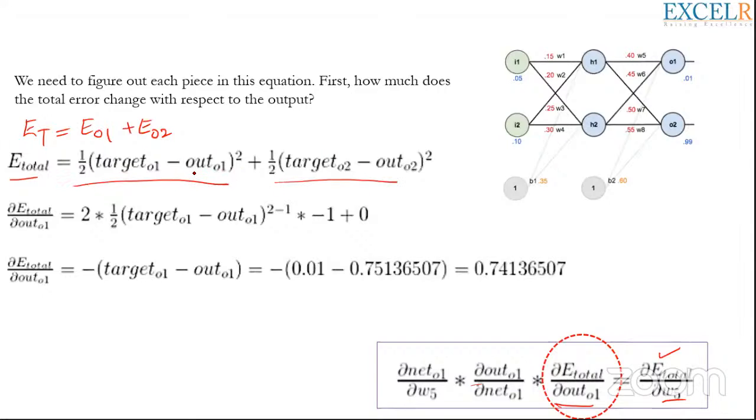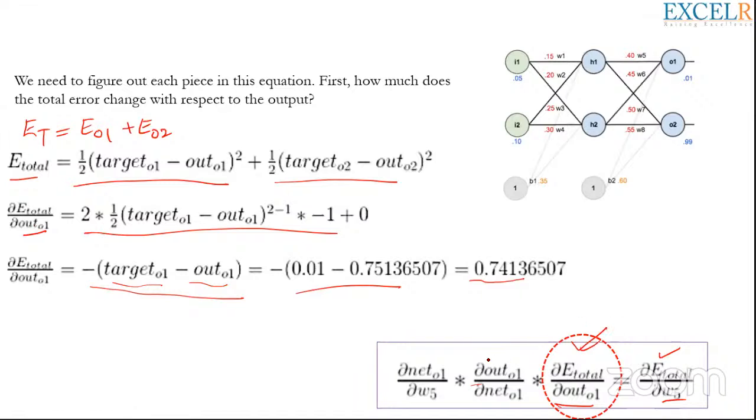Apply the partial derivative with respect to out 01, because this is what I want to find out. When you apply the partial derivative on this, I'll get this. Finally I have got a negative target minus out 01. I know what target 01 is and I know what out 01 is. Just plug those values into this equation, and I've got 0.741. So this has been computed successfully.